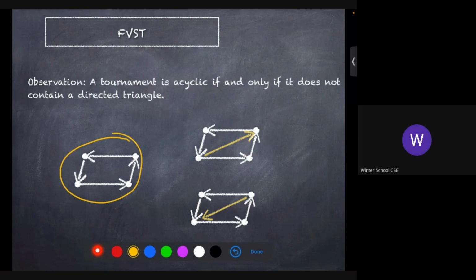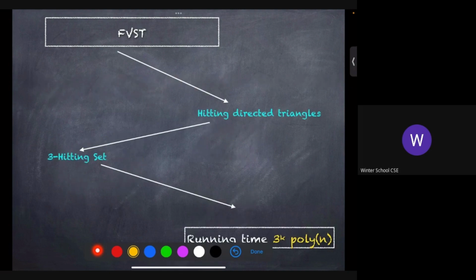If I have this edge, then I have a triangle here, and if I have this edge, I have a triangle here. So what I have to do is kill all the triangles. I have to hit all the triangles, and this is a 3-hitting set problem. So we already know how to do this in time 3 to the k.